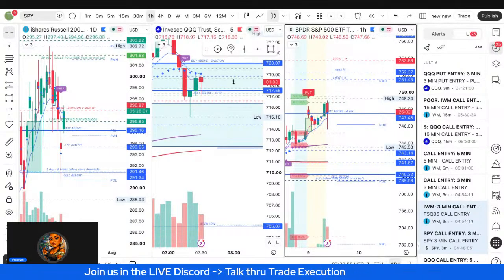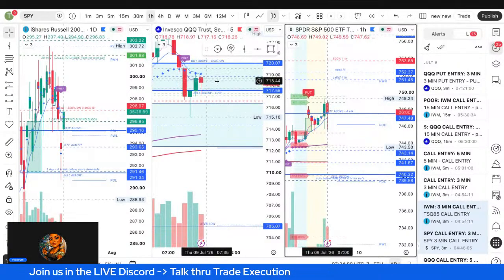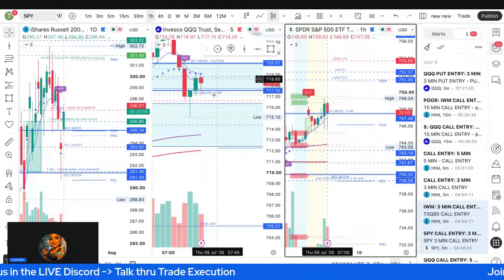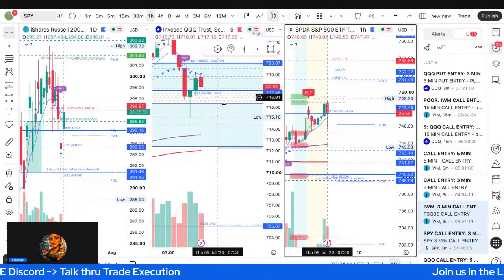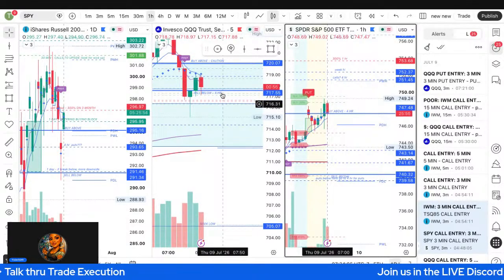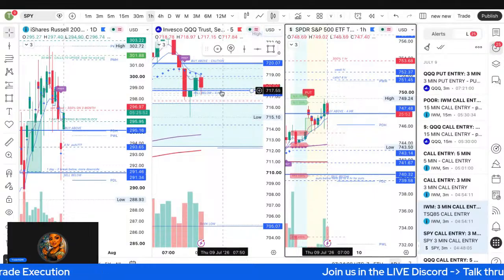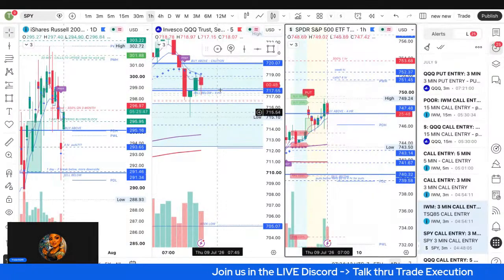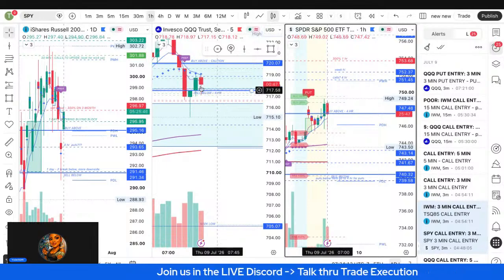Really kind of engage with this lower half of this gap, but that level's being bought right back up. See what it does in the next 15 minutes here. I mean, in the next 50 seconds here. See what buyers stepping in.